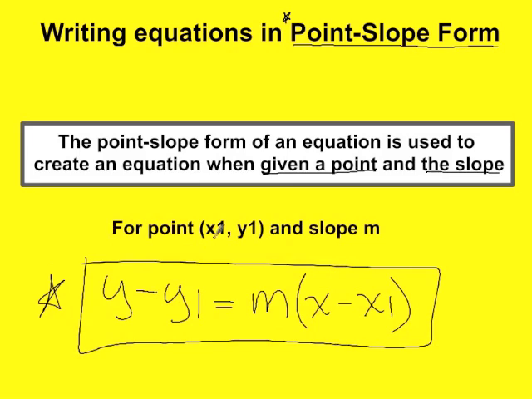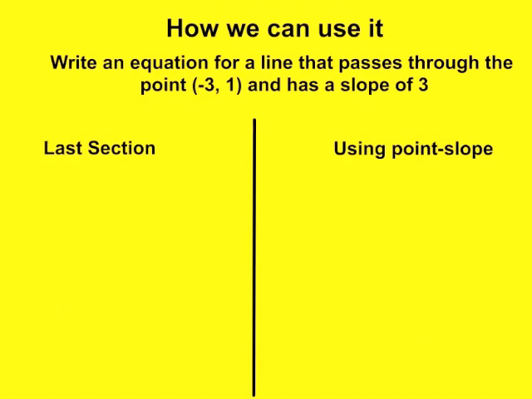We're able to then just plug in our point and our slope, and we'll have the equation that we're looking for, in point-slope form. Looking at the general equation, it makes it look super complicated, but in reality, it's not too bad at all. To use point-slope form, we need to be given a point and a slope.